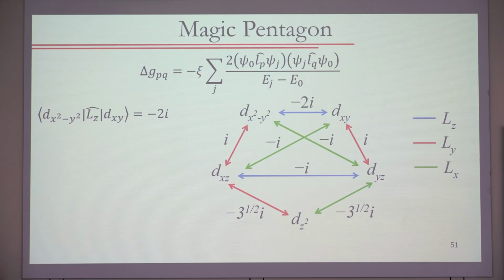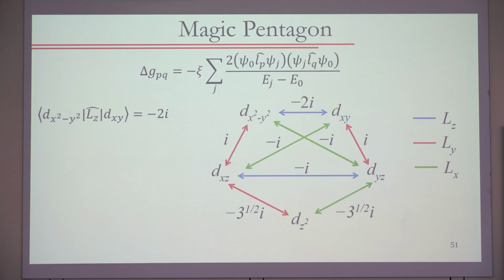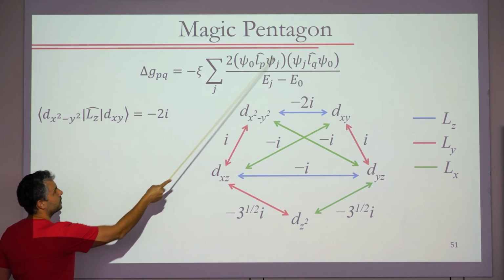If you have, I don't know, low spin cobalt, okay, low spin cobalt would be similar to this, but not exactly the same. So you have the magic pentagon. Maybe you have seen this somewhere. It tells you the numbers that you put in here.